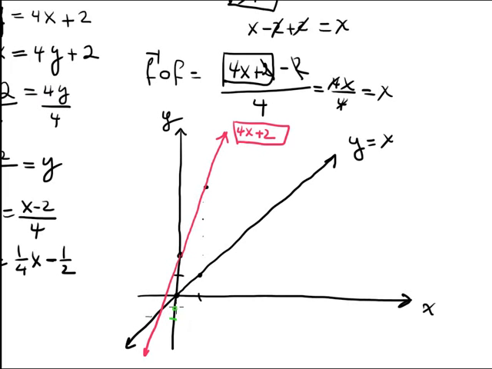This is negative 1. Negative 1/2 here, and the slope is 4: 1, 2, 3, 4, and 1, approximately like that. So this is another common point here, and this is the graph that corresponds with the inverse function, 1/4 x minus 1/2.